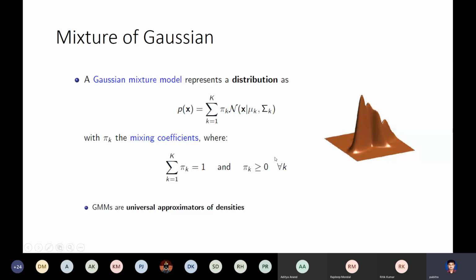We assume the number of components, and that is a hyperparameter. After assuming that hyperparameter, we have to estimate pi 1 mu 1 sigma 1, pi 2 mu 2 sigma 2, up to pi k mu k sigma k. These are the parameters of the GMM. These we have to estimate from the data. Okay, so let us see how we'll estimate this from the data.